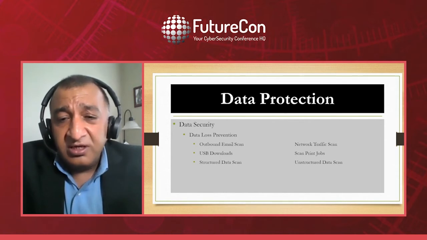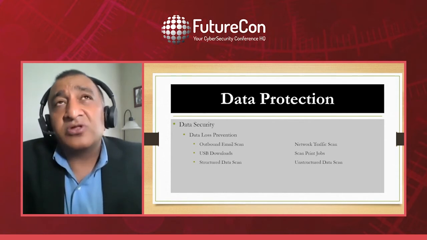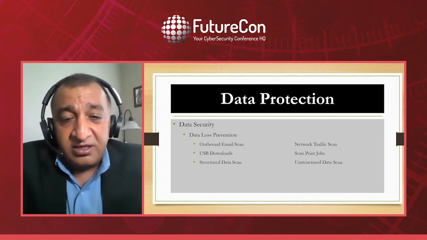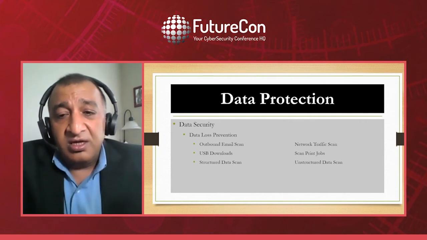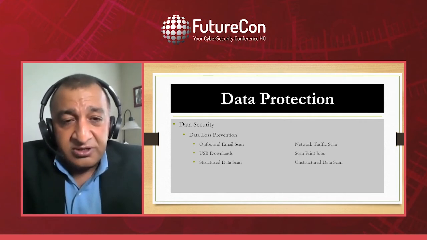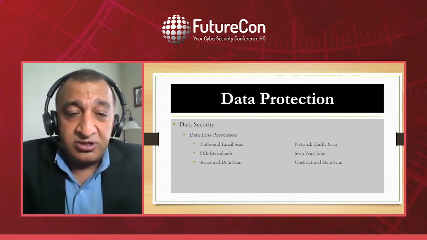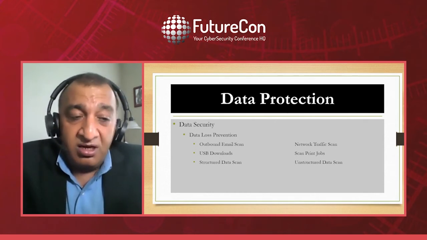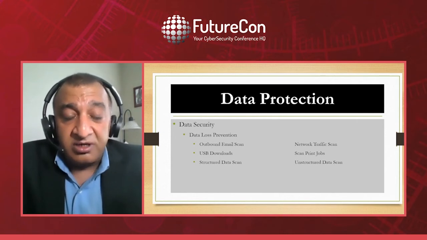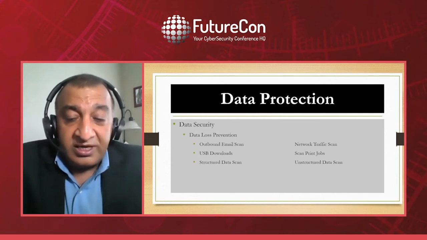Until 4 or 5 years back, DLP used to be based on regular expressions. If you're looking for a social security number, you could say, look for any 9-digit number, or a 9-digit number with dashes in it.